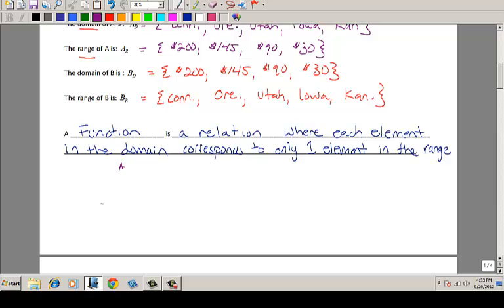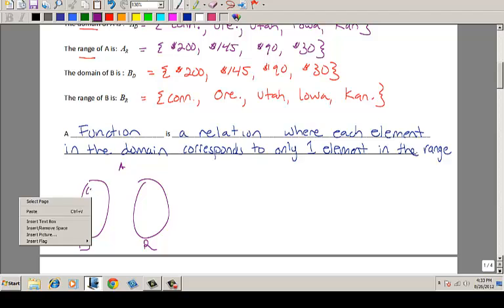Now let's look at a different way of viewing relation A and relation B. Okay, here's relation A, and I'm going to draw it this way, as two little circles. This will be the domain of relation A and the range of relation A. Recall, the domain of relation A is Connecticut, Oregon, Utah, Iowa, and Kansas.